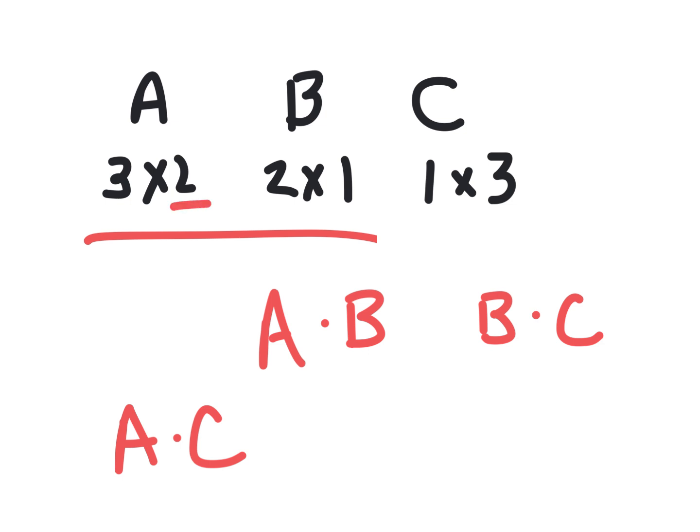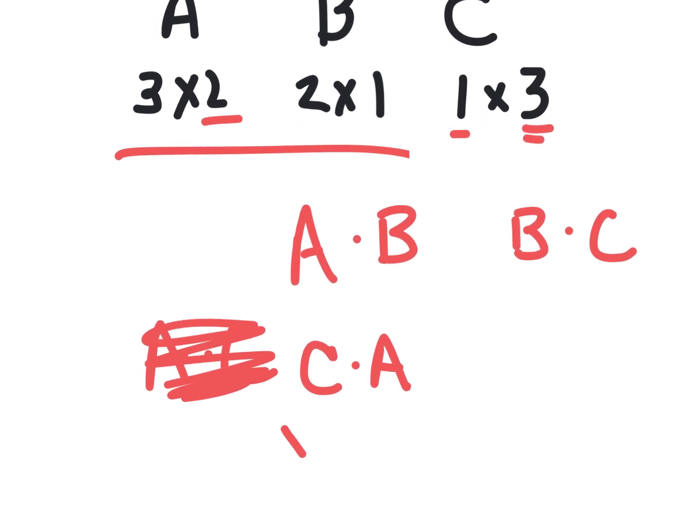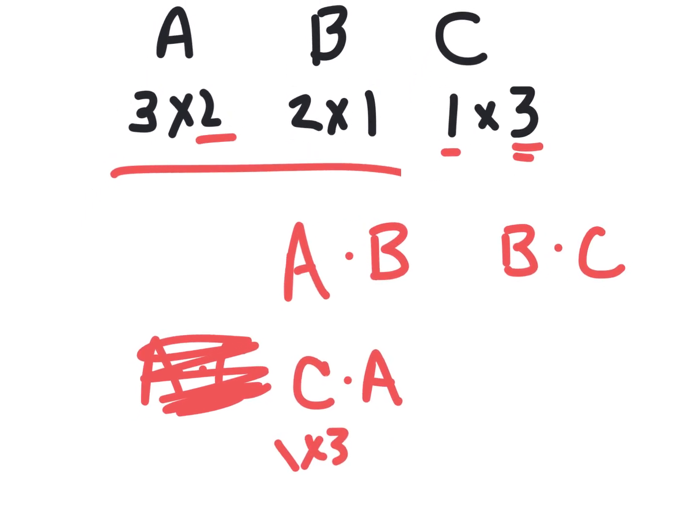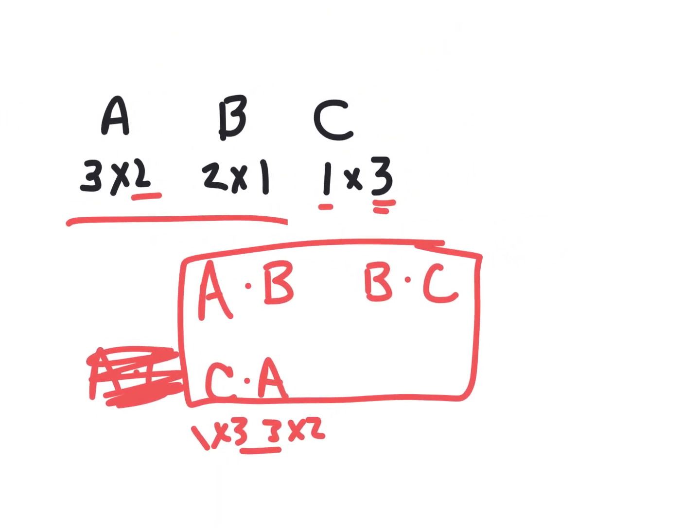Because look, that 2 and that 1 wouldn't match. But if you rearrange it and you put the C in front, C times A is also going to work. Because then C is a 1 by 3 and A is 3 by 2. And look, they match. All right. That was a little tricky, but you pulled it off. Nice job. Any questions so far?